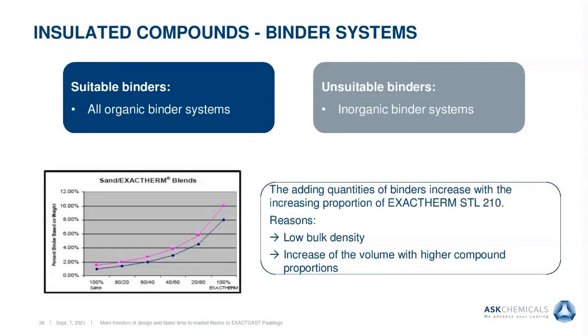And then the last one, as I said, this is a very lightweight material. That means we have a very low bulk density, and with that, the amount of binder is rising.